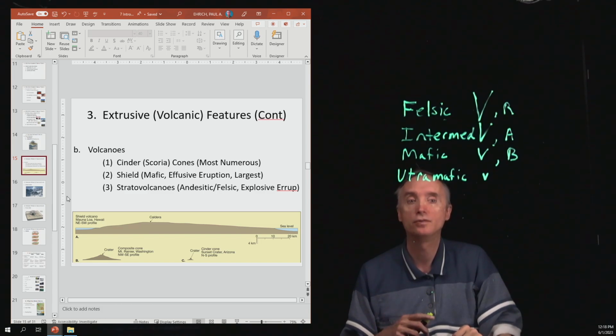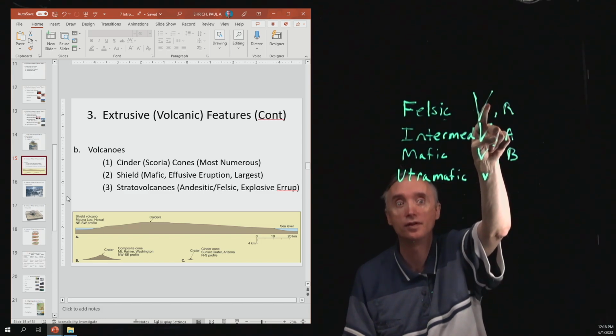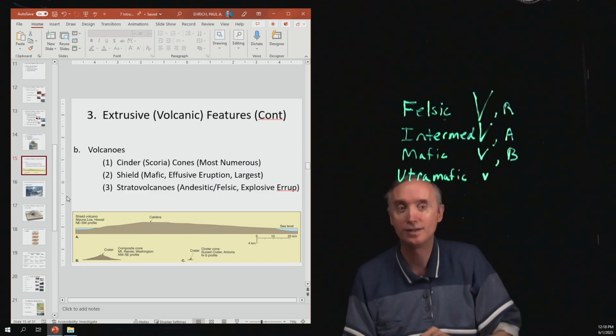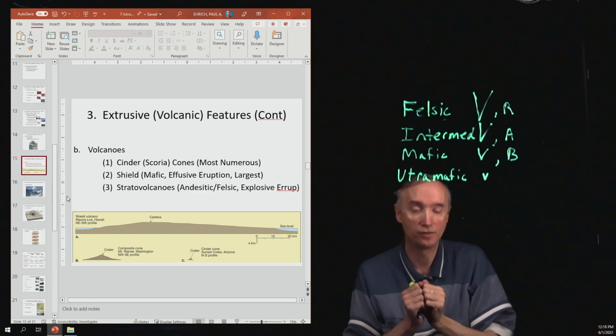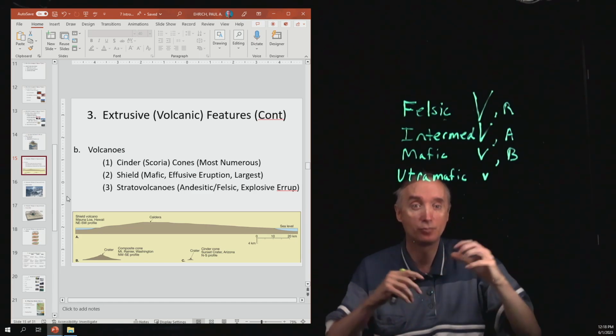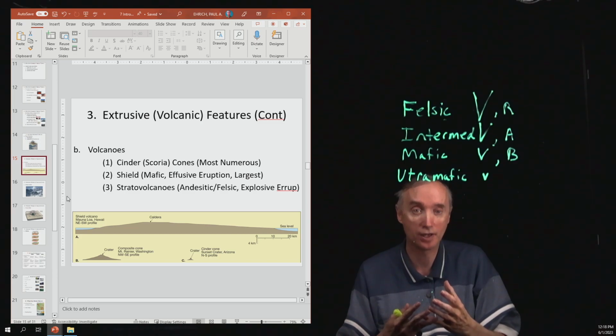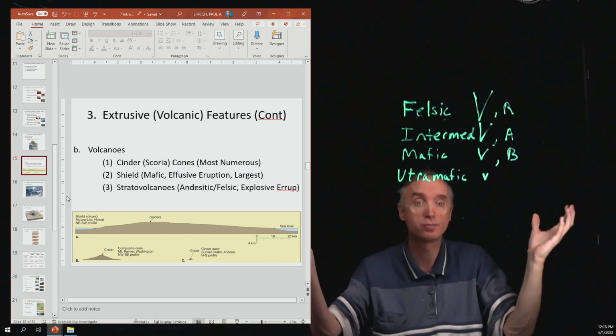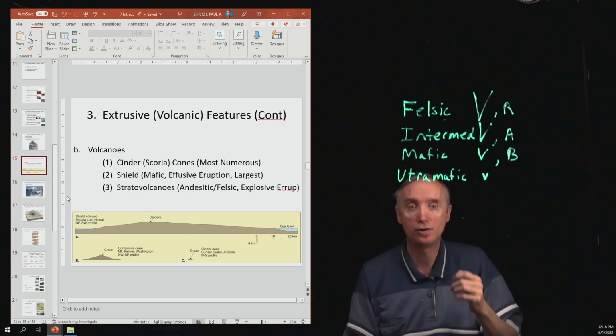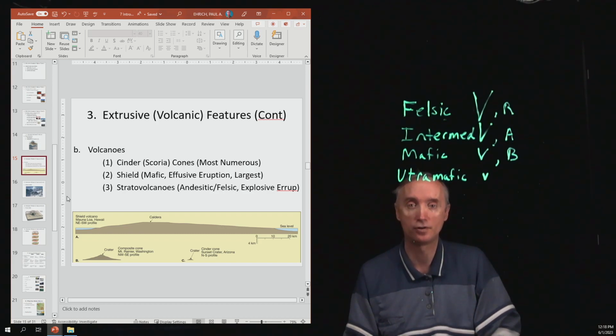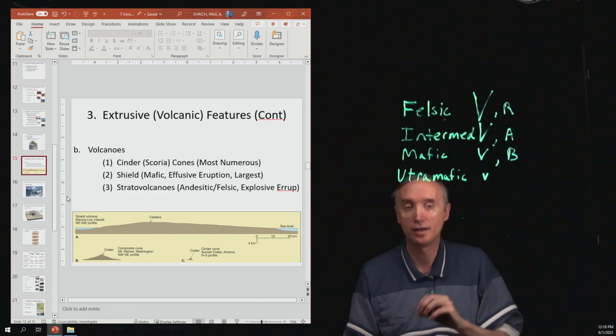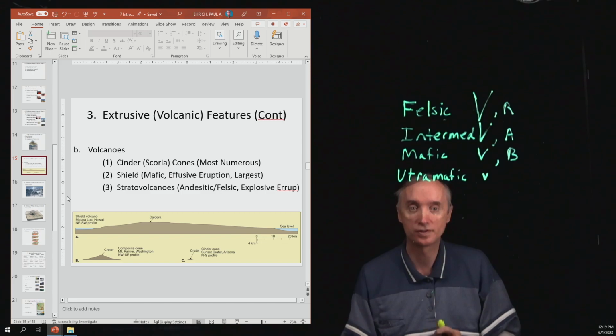These are the most viscous, which means that they stop up the volcano, and then pressure keeps building until finally it explodes. So these are the most explosive, eruptive types of volcanoes. Again, the example of this would be Mount St. Helens in Washington State.